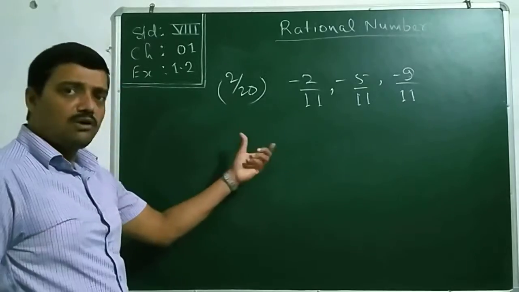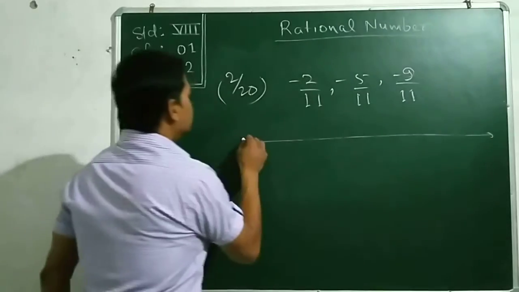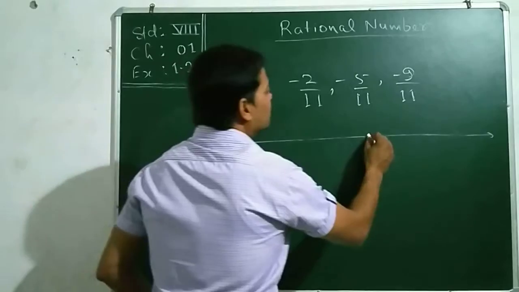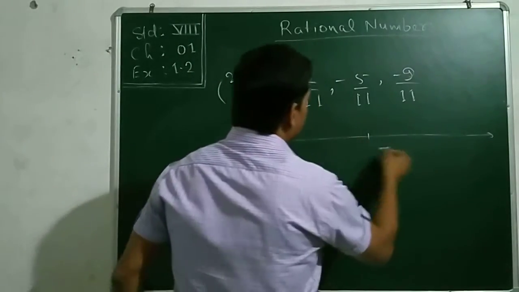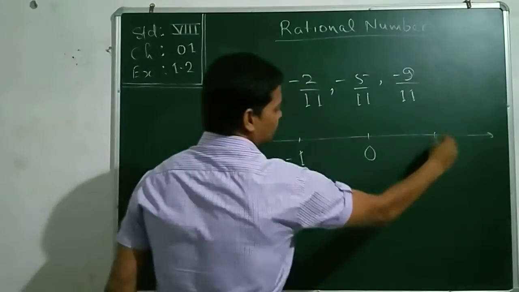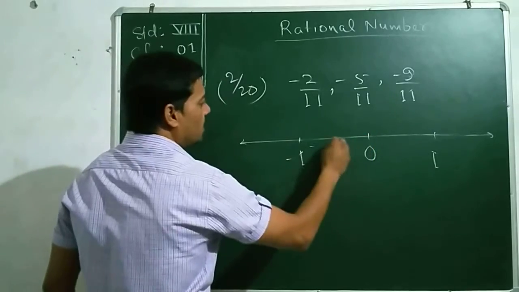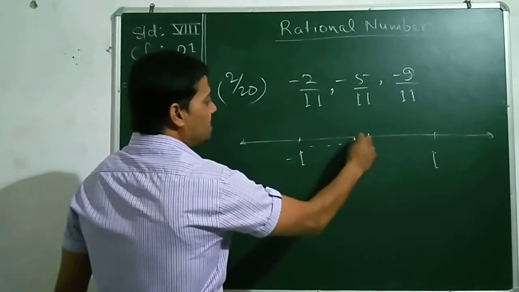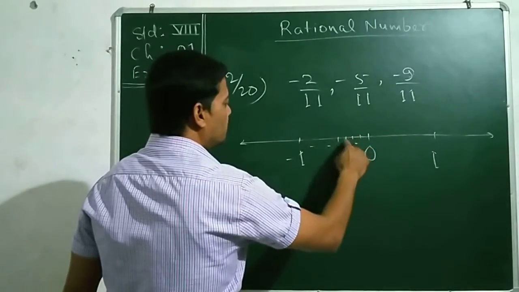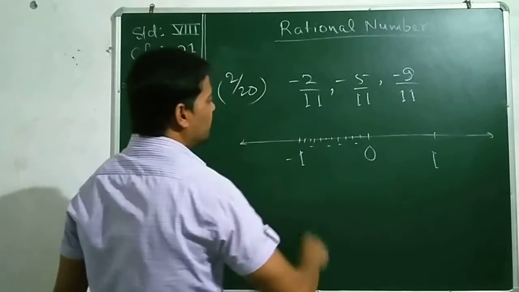How to represent them? Already I had explained to you. We will draw the number line. I am only giving you the hints, you will solve it yourself. Between 0 and minus 1 here, we will divide this part into 11 equal parts, and each part will be considered as 1, 2, 3, 4, 5, 6, 7, 8, 9, 10.